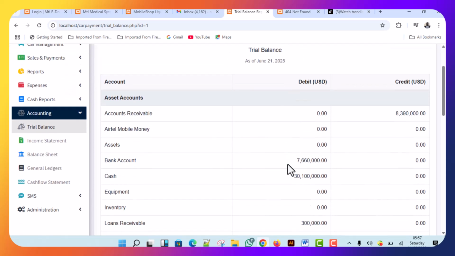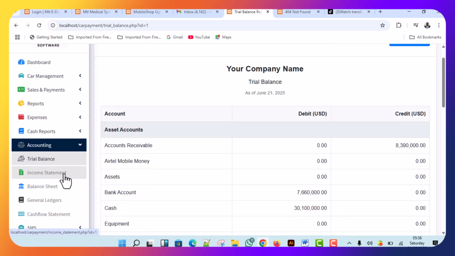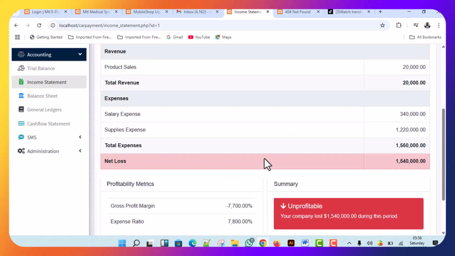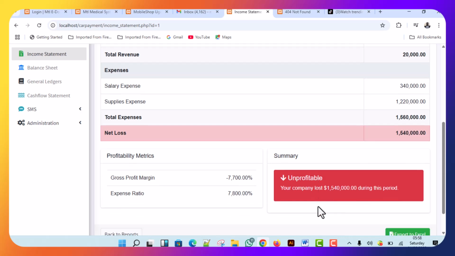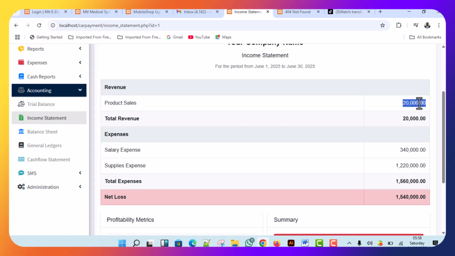But this is a summary. It cannot cover all the accounting bit of it, but it shows you how your business is performing. Is it making losses or profit? So the income statement. This is the income statement from the first, which means you are making a loss during this period because we sold this.